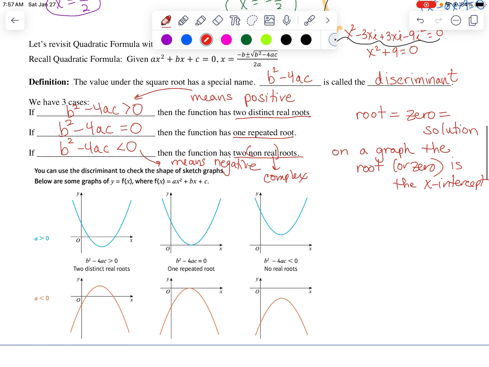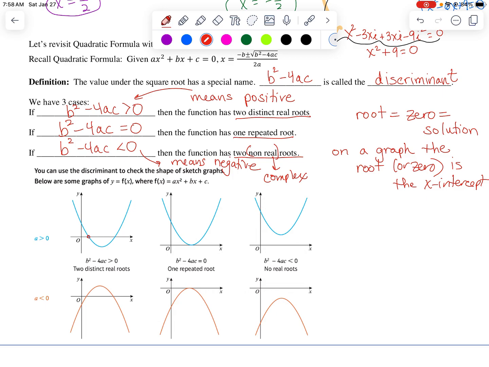So this may not have made any sense, okay? And so we're going to make a connection now to the graphs. If I have f of x, so I want to make sure you're with me here. If I have a quadratic function in general form, ax squared plus bx plus c, if the a value is positive, that means the parabola is opening up. There's three cases, and these are the three cases. When the discriminant's positive, that means there's two distinct real roots.